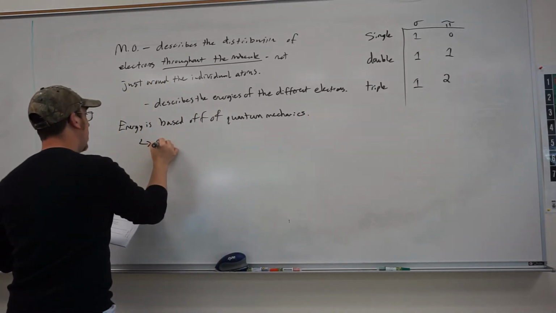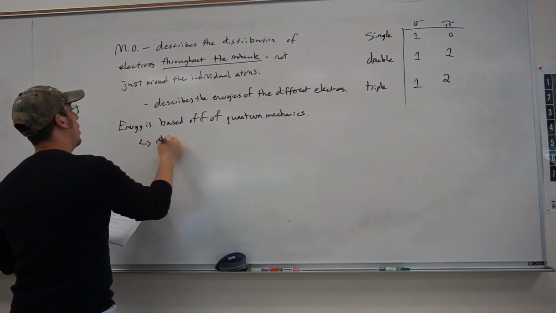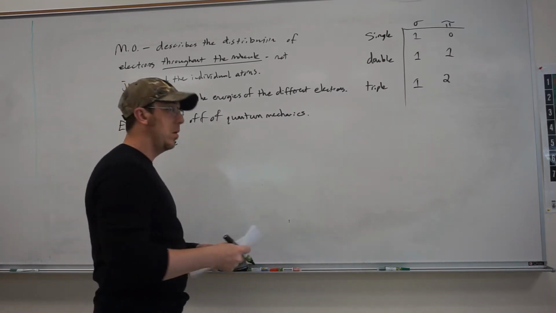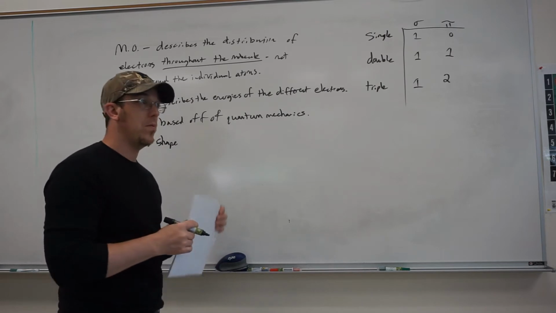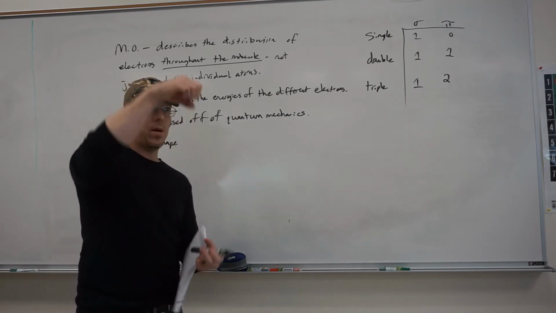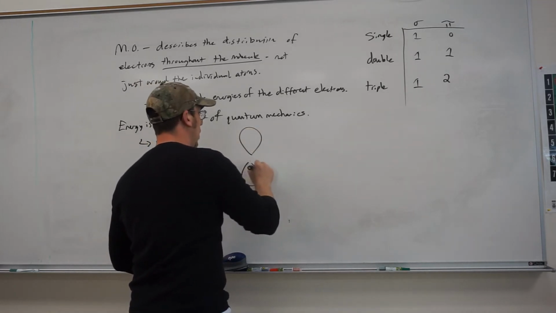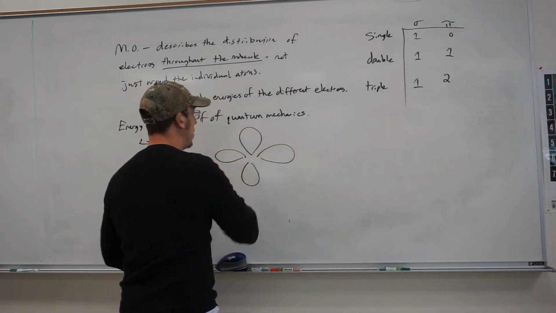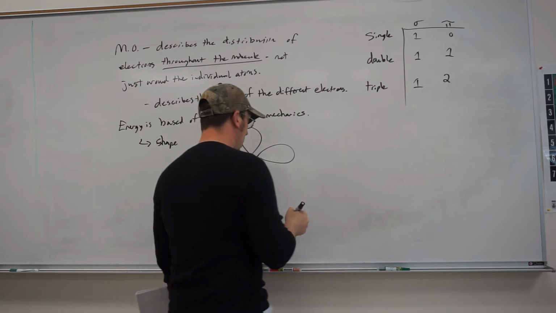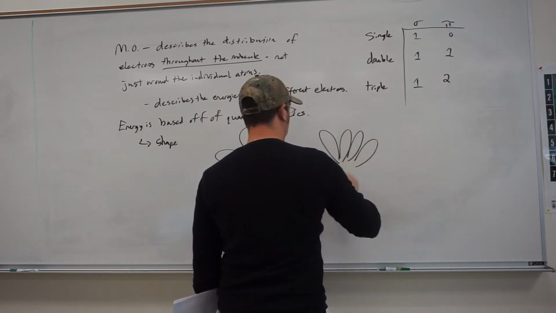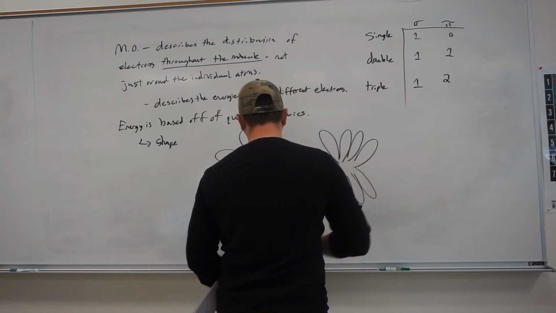It's the shape of the orbital. We kind of talked about this a second ago, the shape being spherical, the dumbbell, or if you're a D shell, you have that weird dogwood flower shape. If you have the F orbitals, you have 4 on top and 4 on the bottom.